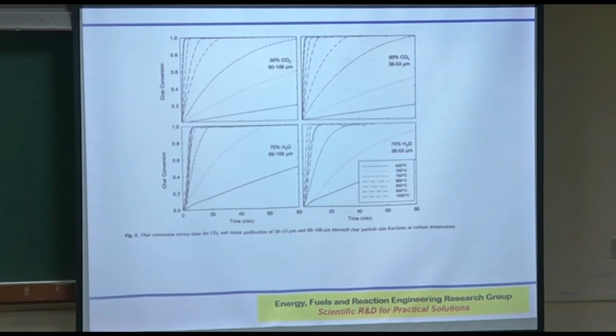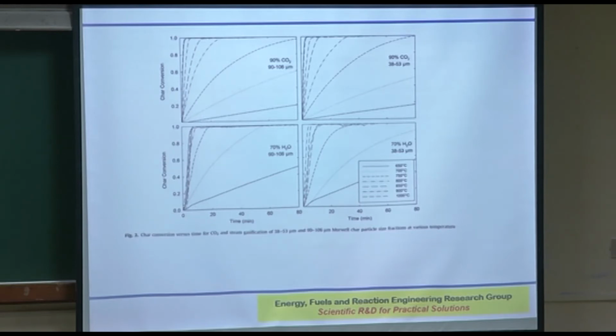These are from the TGA experiments, where she took the char from the drop tube furnace, which was prepared at 1000 degrees at about 6 seconds residence time. From those char, she separated two fractions out. One is a very large size fraction, the other one is a small size fraction.